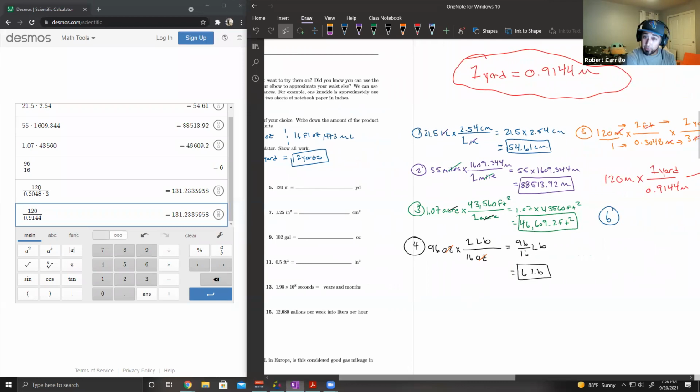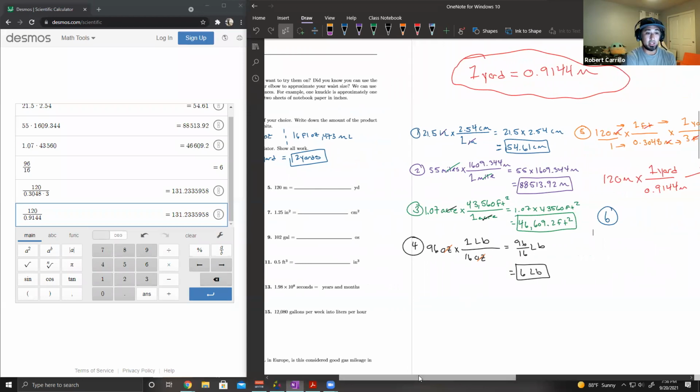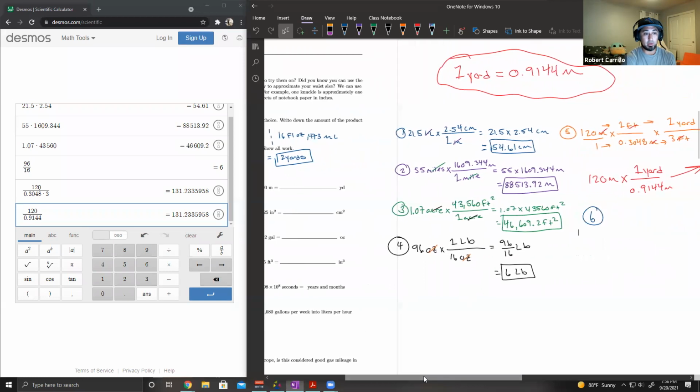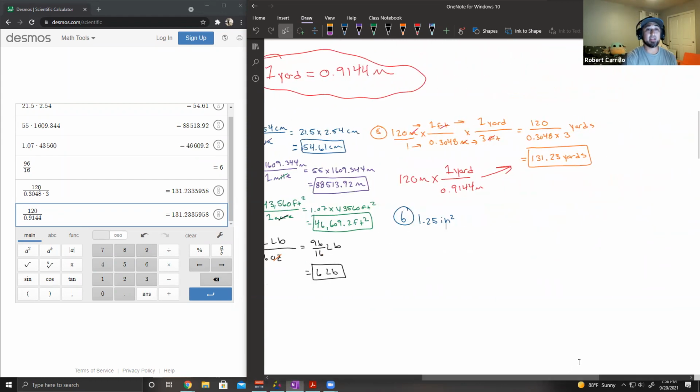1.25 square inches to square centimeters. Okay. So to get to square centimeters, we're going to use that conversion.